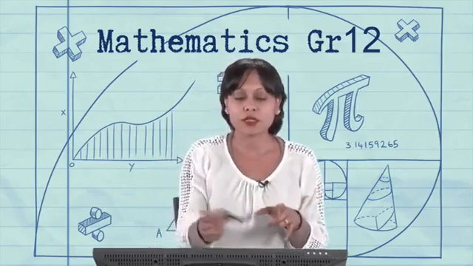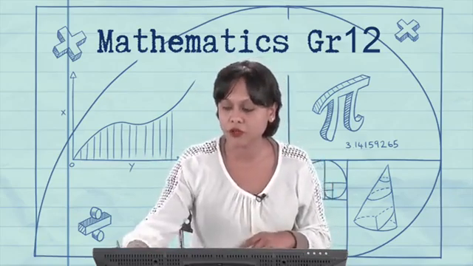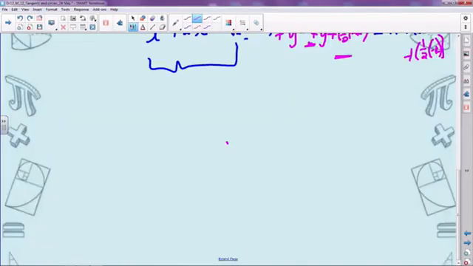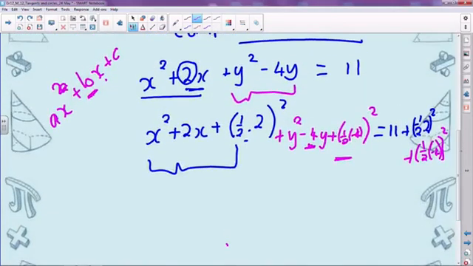So once I've got this expression or this equation in this form that you have on your screen, you can factorize the individual pieces of this equation. All right, so I can factorize the expression that has the x in it, and I can factorize the y part.